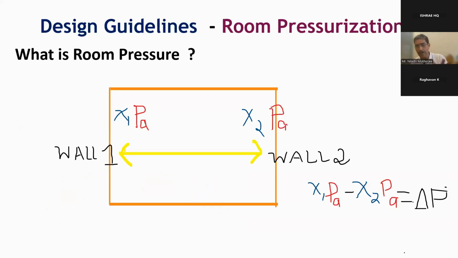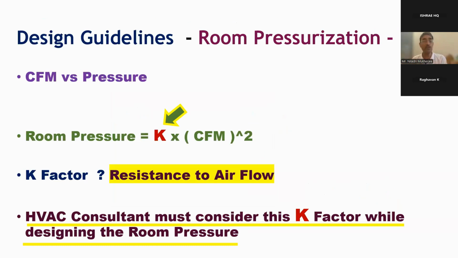Now, let me explain: when we mention room pressure, we mean the total room pressure between the two walls. How is the pressure exhibited between the two walls? This is the room pressure, and differential pressure is a different thing. It is a pressure between two rooms.